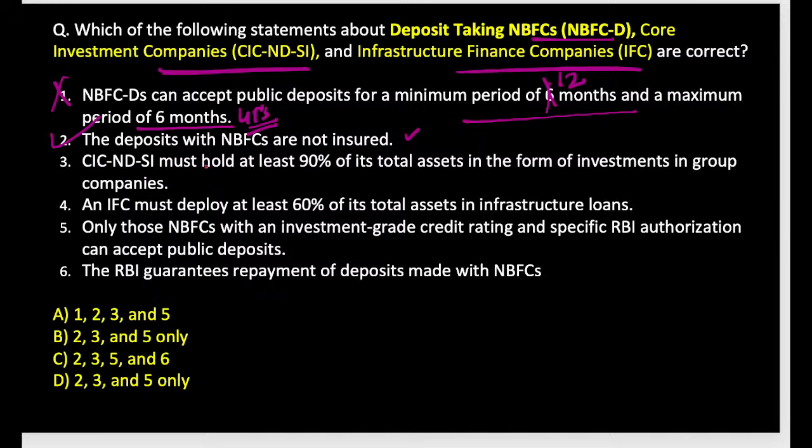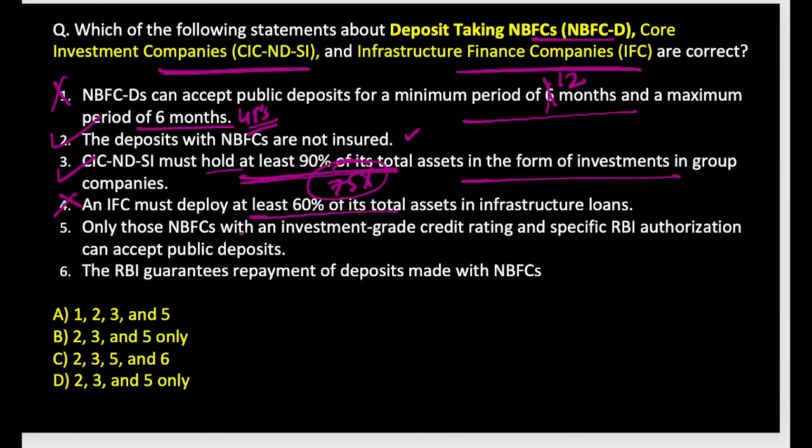CICs must hold at least 90% of their total assets in the form of investment in group companies. This is also correct. IFC must deploy 60% of total assets in infrastructure loans. No, it is 75%. They need to lend 75% in these areas.